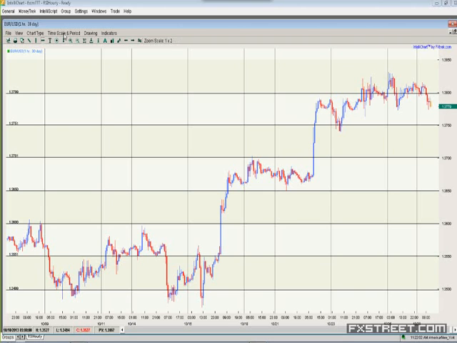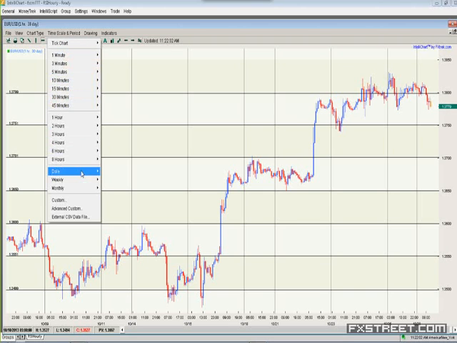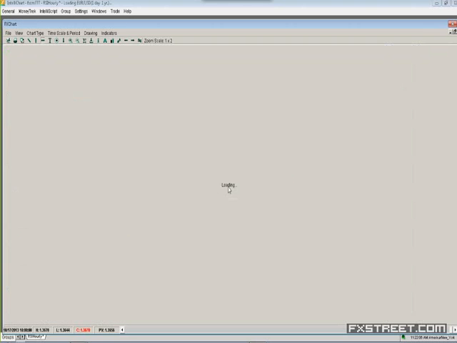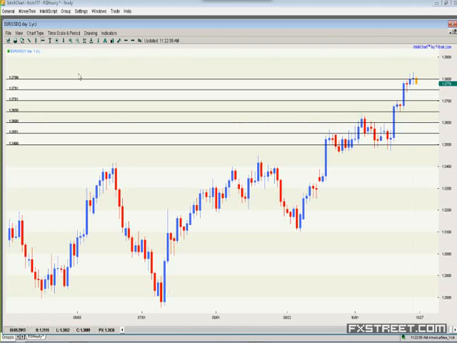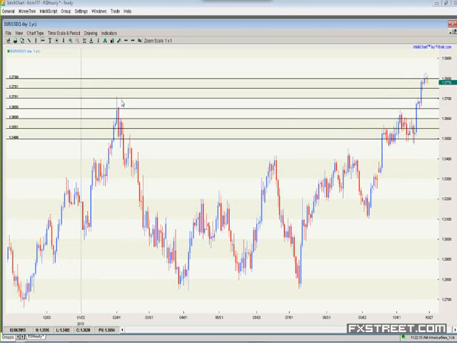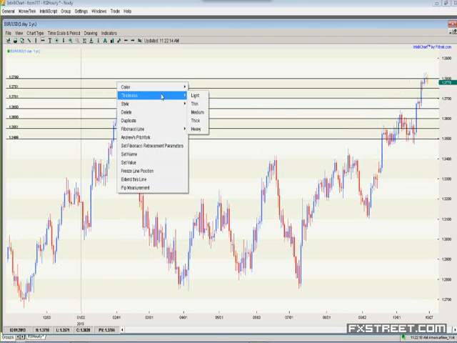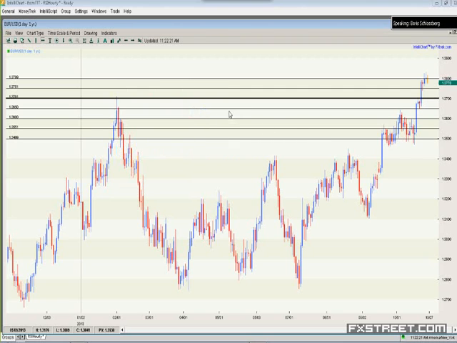Why? Well, let's take a look at the daily charts for the past year. Let me just make this medium thickness. This is the yearly high.